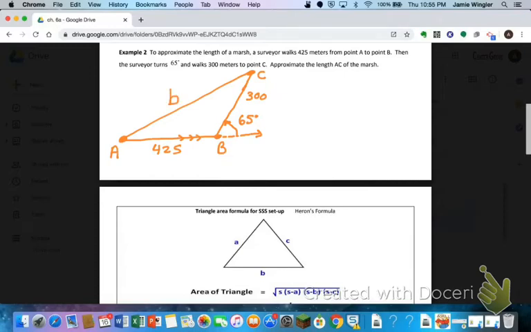To find that length, we need to find angle B first by subtracting 65 from 180 because we have supplementary angles.